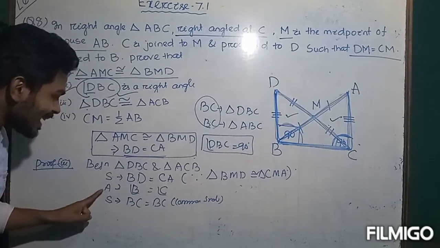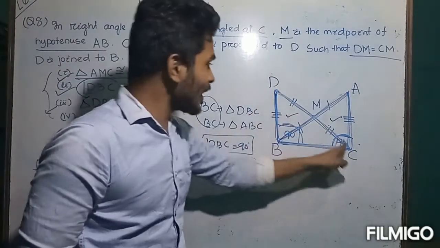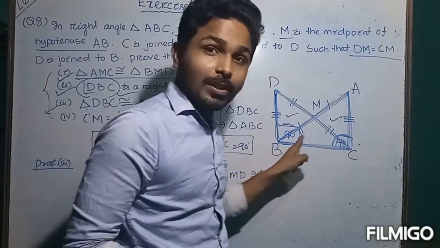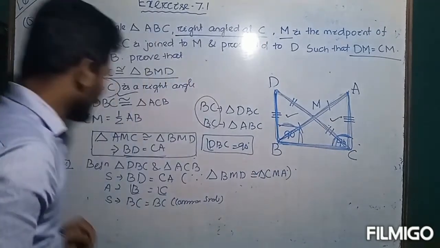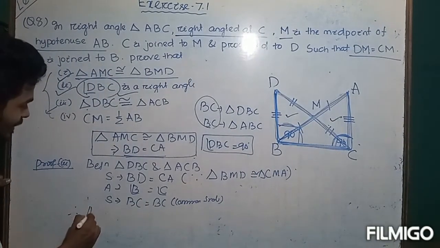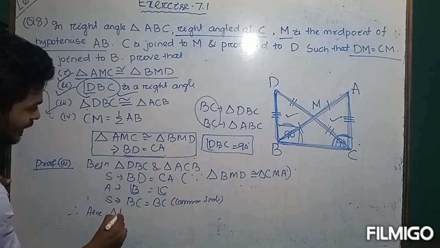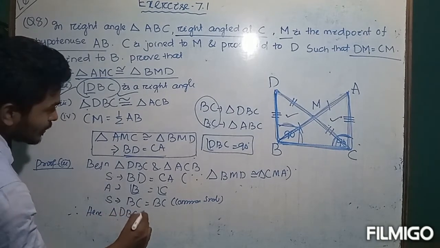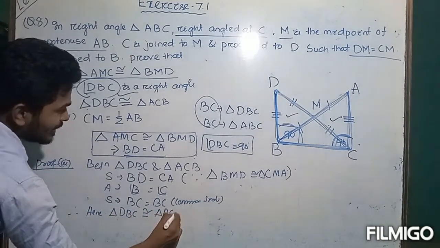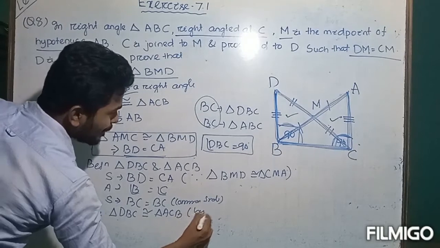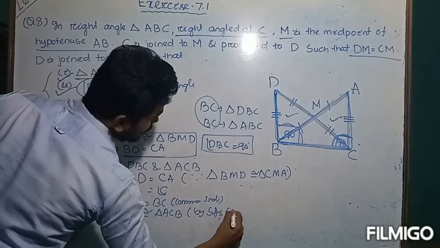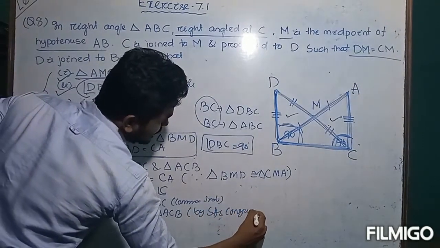So by SAS congruency, triangle DBC is congruent to triangle ACB. Hence triangle DBC is congruent to triangle ACB by SAS congruency.